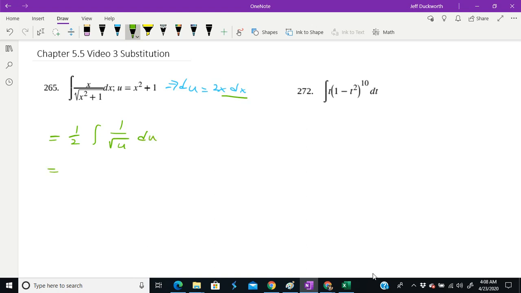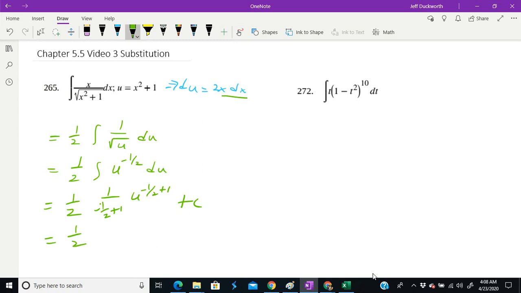We can change that. So it's 1 over u to the 1/2, or it's u to the negative 1/2. And now we can use our power rule here. So we've got 1/2, and then we've got 1 over negative 1/2 plus 1, u to the negative 1/2 plus 1, all plus c.